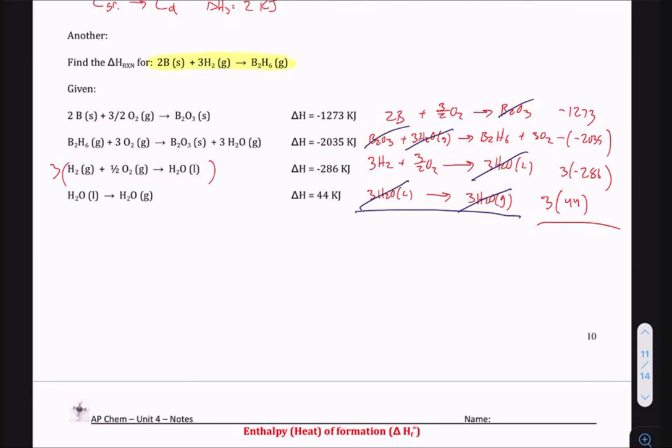But here we have 3 moles of oxygen on the product side, and we also have 3 halves plus 3 halves. Well, what's 3 halves plus 3 halves? 3. So the oxygens all cancel, and the only thing we have left is this, this, and this. So we rewrite our final equation. And that works out. And if it works out, then I can now take the sum of my values.